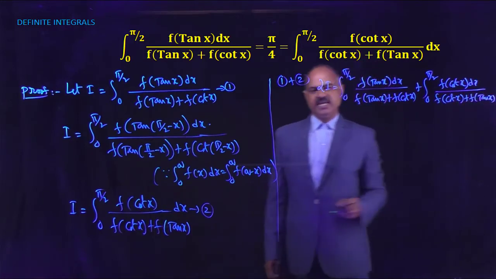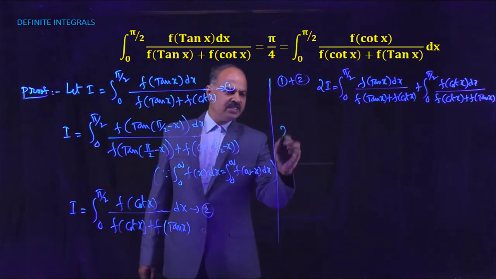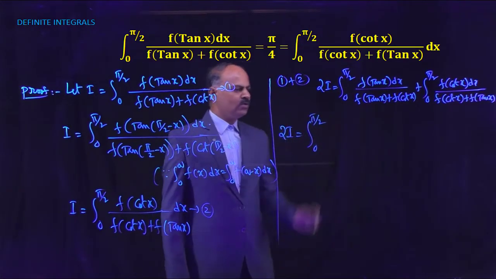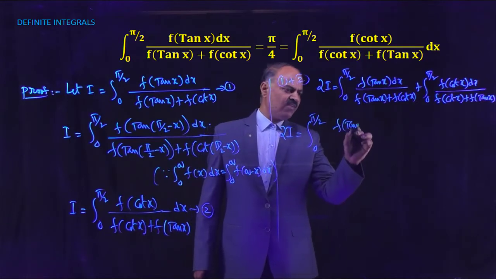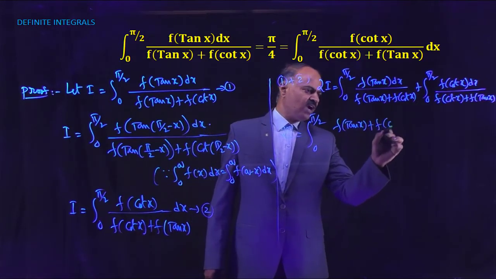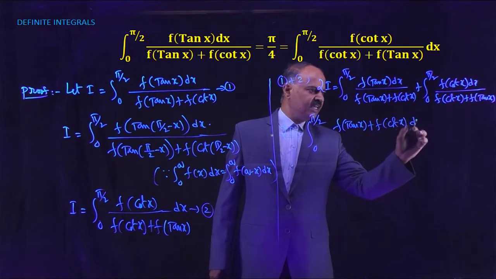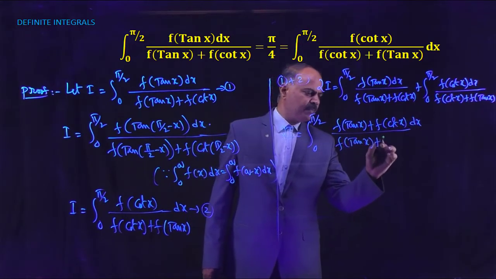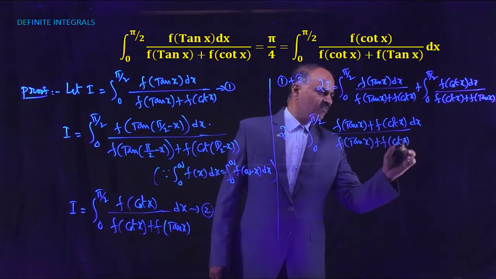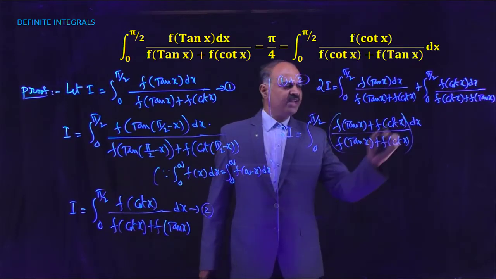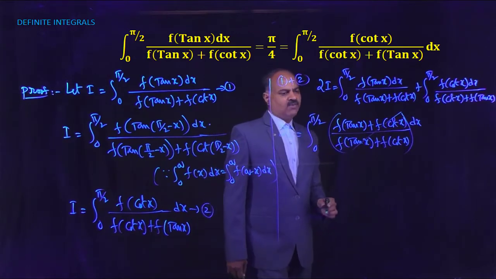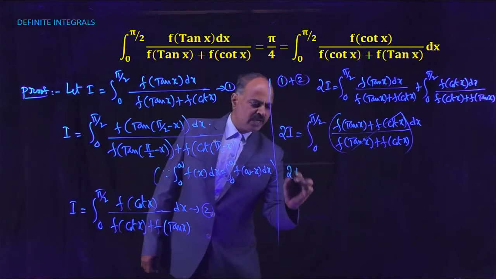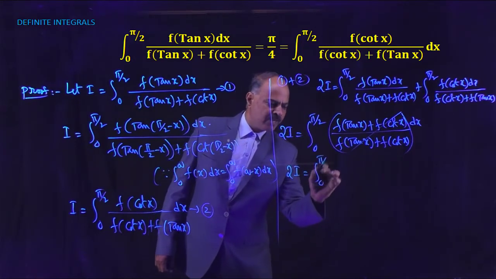Now 2I is equal to integral 0 to pi by 2 of f of tan x plus f of cot x, divided by f of tan x plus f of cot x, dx. So here f of tan x plus f of cot x get cancelled. 2I is equal to integral 0 to pi by 2 dx.